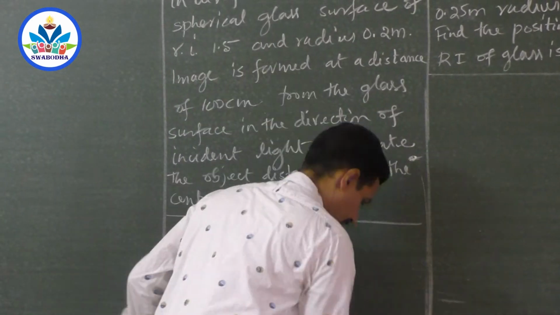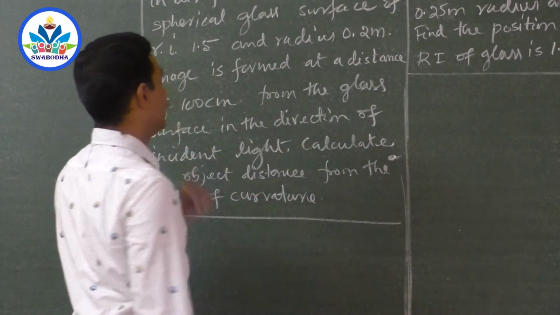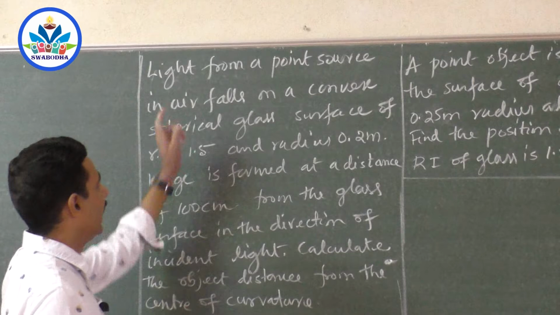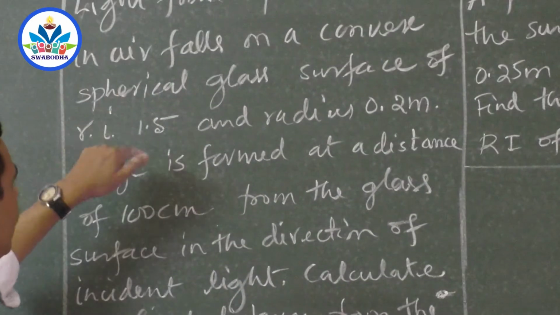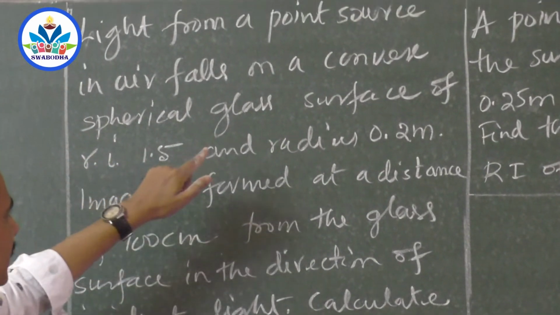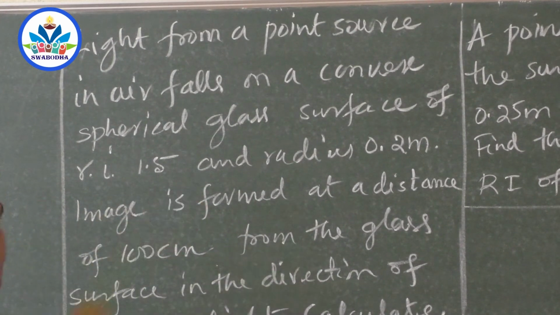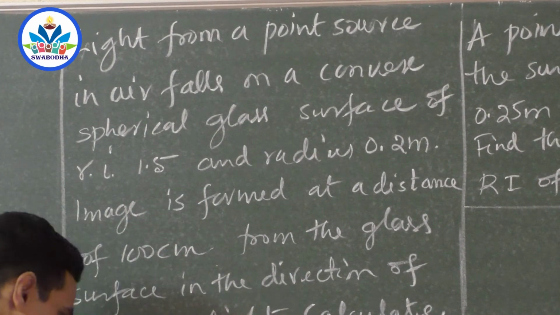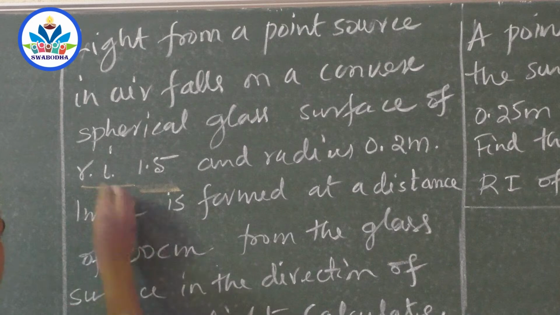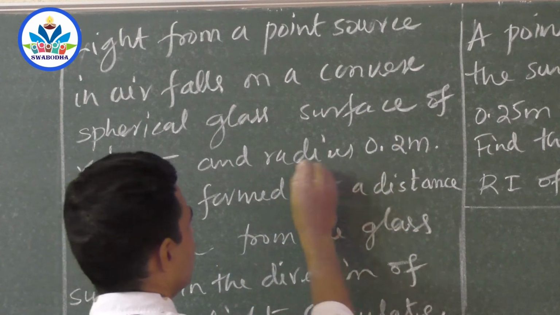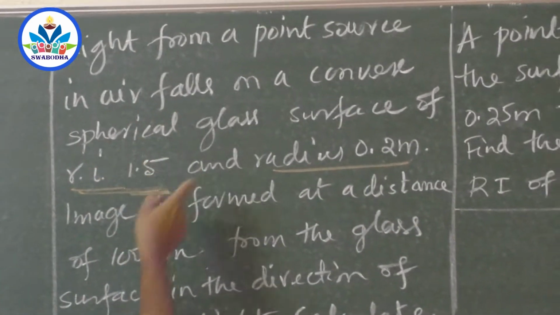So now we will solve this problem. We will go to the first problem. Light from a point source in air falls on a convex spherical surface of glass of refractive index 1.5 and radius 0.2 meter. So we will underline the data. Refractive index 1.5, radius 0.2 meters, and the object is kept in front of it.